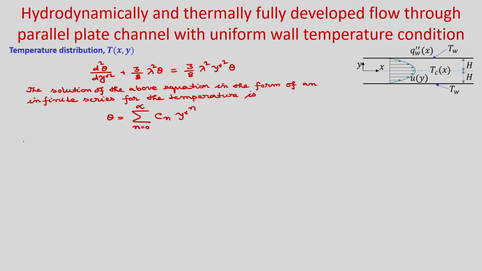If you expand theta, it is C naught plus C1 y star plus C2 y star square plus C3 y star cube plus C4 y star 4 and so on plus C n y star n.